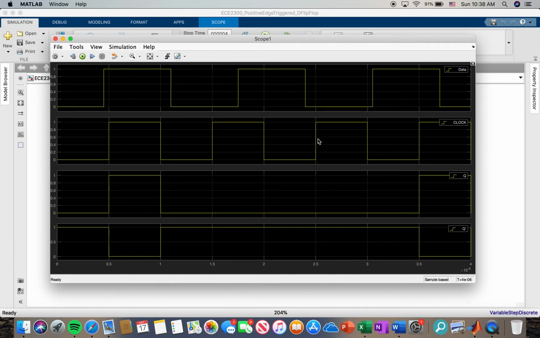Same thing for the next clock transition, it will remain at 1 for Q prime as the data is 0, and then on the final clock transition, as the data stays up at 1, Q prime will go to 0 and then reset at the end of the clock transition.